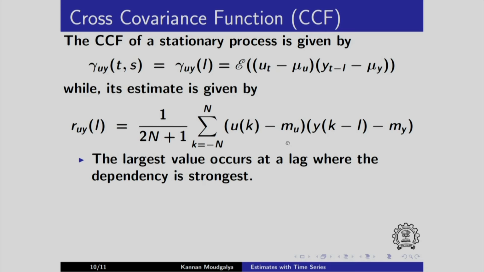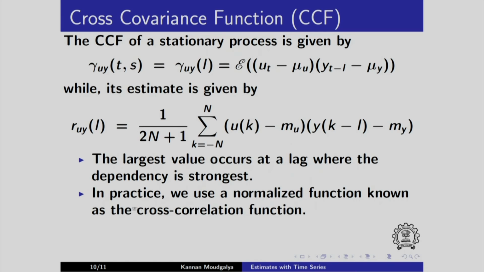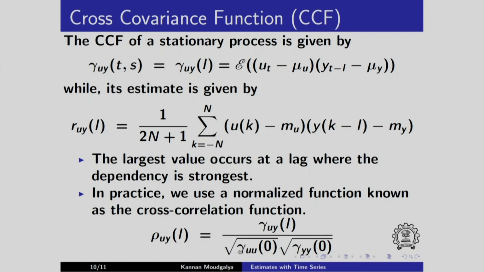There is a problem in the book that explains this. In practice, of course, we use a normalized function known as the cross correlation function, which is defined as follows. In the denominator we have the autocovariance function evaluated at 0 lag, that is the largest value of gamma uu and gamma yy, square root here, and in the numerator you use the same gamma uy of L, and this is denoted by rho uy of L.